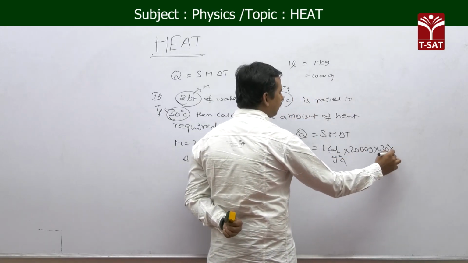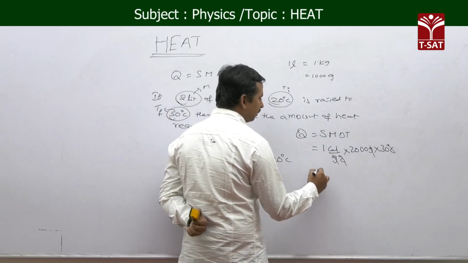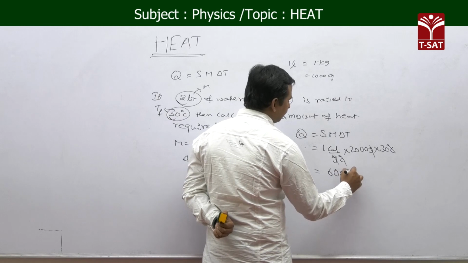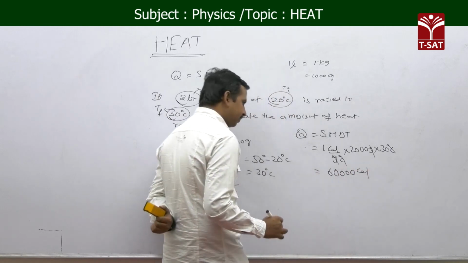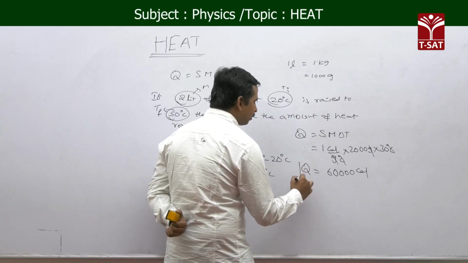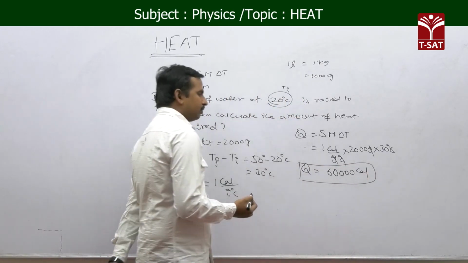Degrees Celsius and grams cancel. Finally, we get 60,000 calories.